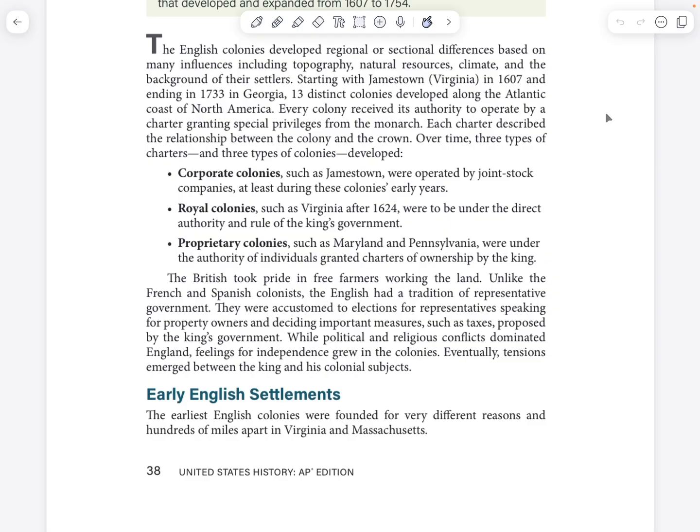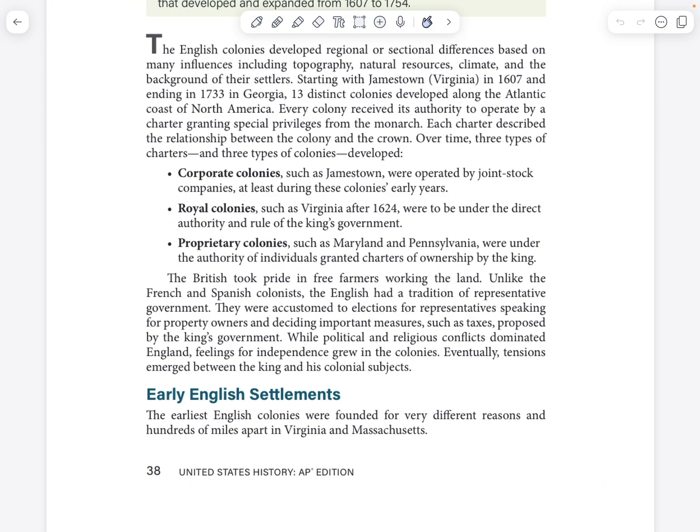Corporate colonies, such as Jamestown, were operated by joint stock companies, at least during these colonies' early years. Royal colonies, such as Virginia after 1624, were to be under the direct authority and rule of the king's government. Proprietary colonies, such as Maryland and Pennsylvania, were under the authority of individuals granted charters of ownership by the king.